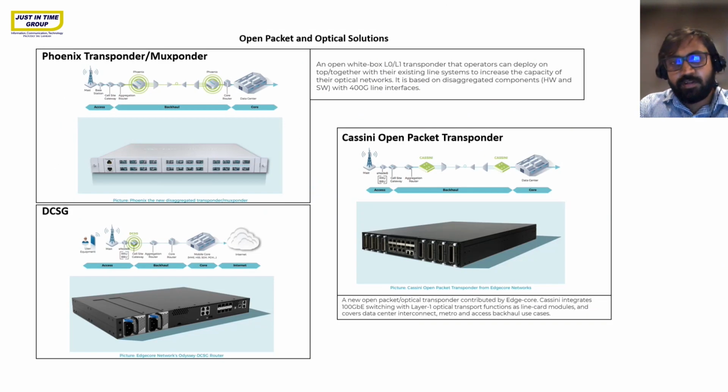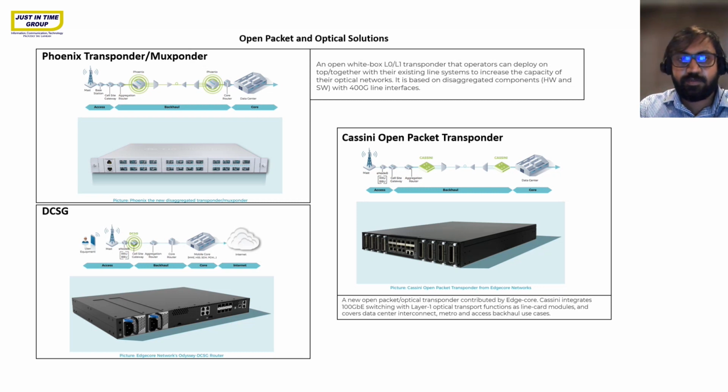And for the optical domain as well, there is an organization called Telco Infra Project, started by Facebook or Meta. They have also come up with different specifications to disaggregate optical equipment. If you take an optical network, there are transponders that would convert gray wavelengths into colored wavelengths, and then multiplexers and demultiplexers.